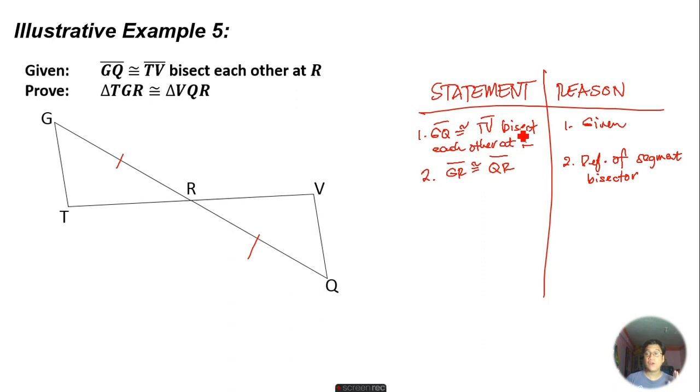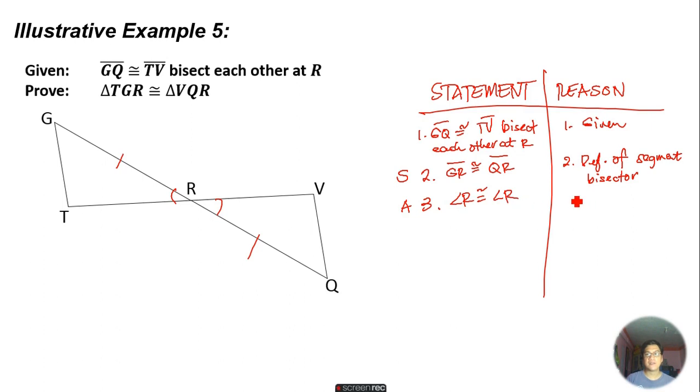So, you're going to use segment bisector as the reason. Next, number 3. Now, this is side, right? But I can see angles that are congruent. Here, angle R is congruent to angle R.